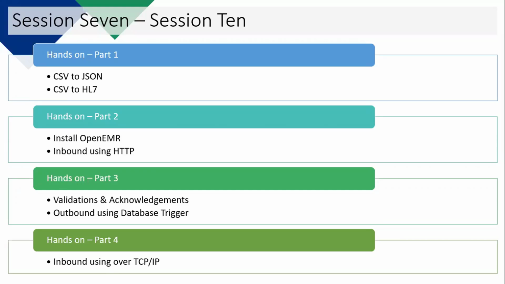We will learn how to use HL7 over HTTP along with Postman. I am expecting you would have already installed Postman on your systems. Using Postman, we will send a message which is going to be received by this receiver and push the data into OpenEMR. And we can use OpenEMR to check whether the patient has been created.